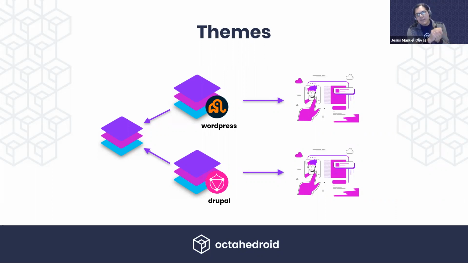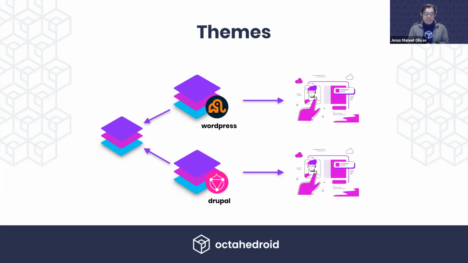It means I can have a WordPress site using WordPress as a headless CMS, and I can have a Drupal site using Drupal as a headless CMS, and both systems can reuse the same Gatsby core theme and render the same final result.